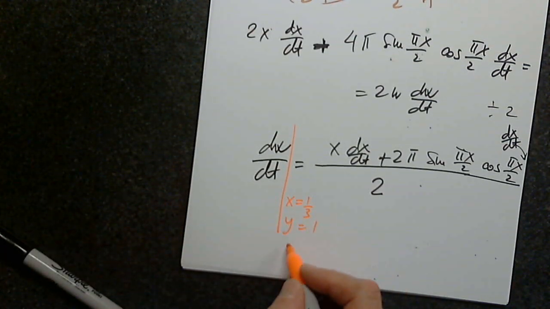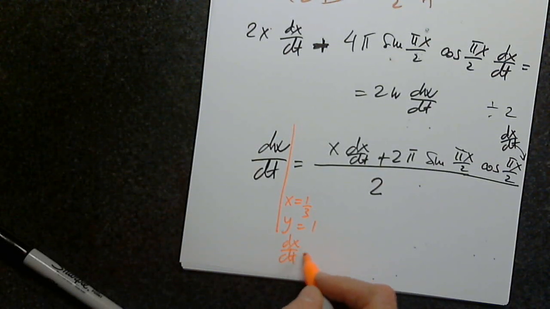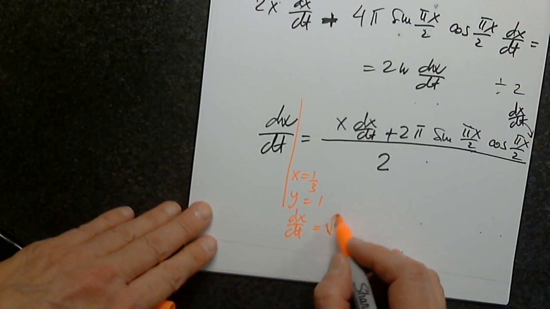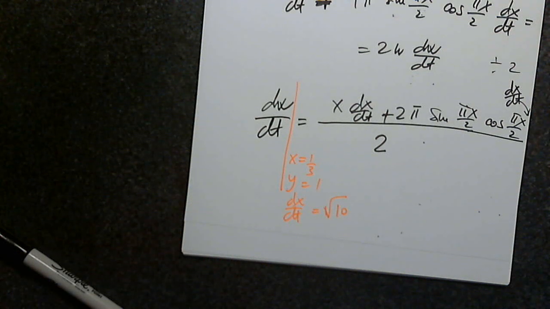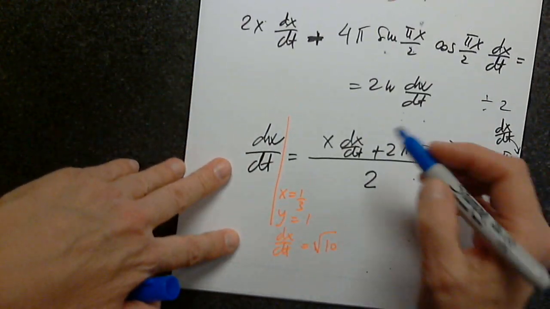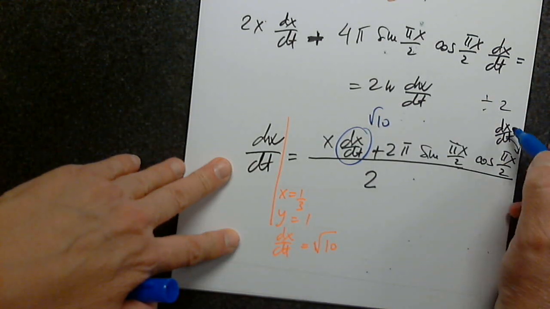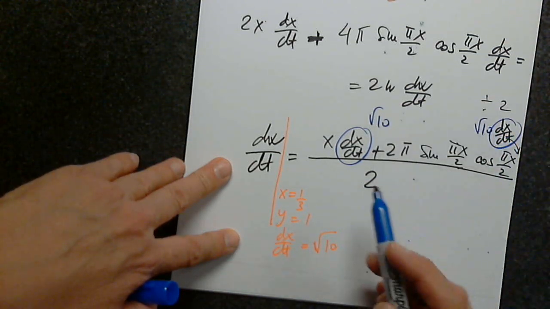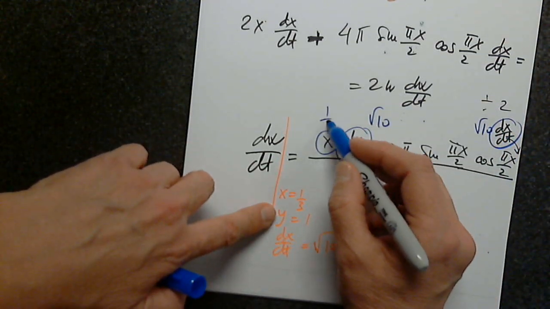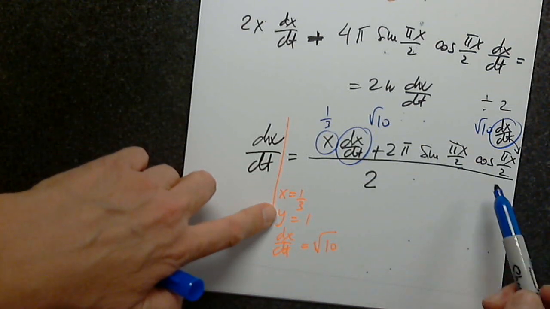I have y equals 1. And I have dx over dt, which is the square root of 10. Only now I can plug in all those numbers. So dx over dt is the square root of 10. X is 1/3. 2 pi is 2 pi.